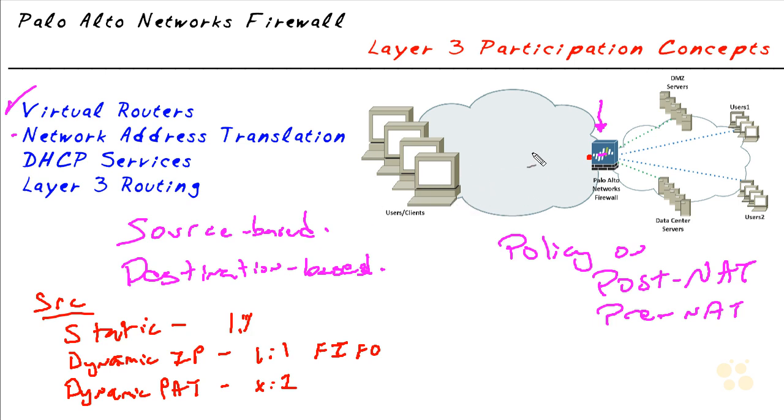But bottom line is that while in these two my port, or my layer 4 information, stays the same, in dynamic PAT my layer 4 port changes. So my source port, since this is all source-based stuff, what port number I'm coming from is going to be different. It goes in sequential order, starting at port 1024, going up to port 65535, and then rolling over.